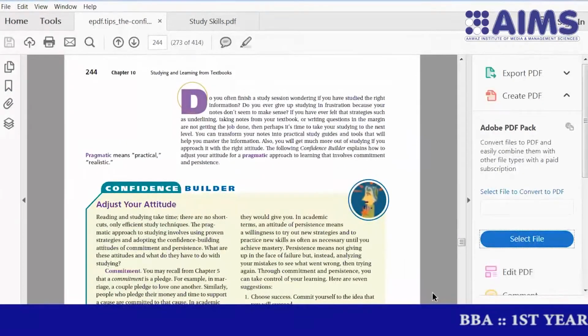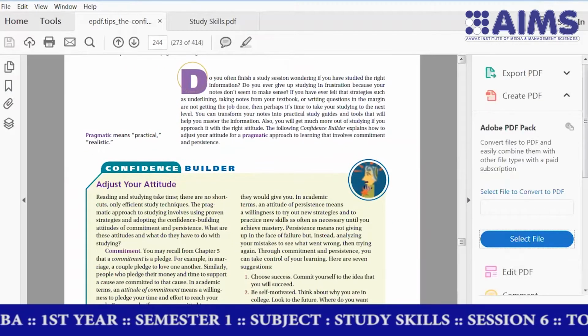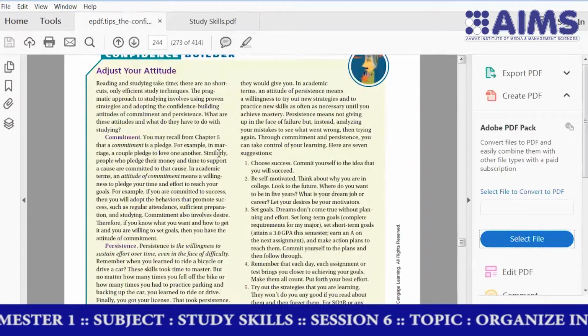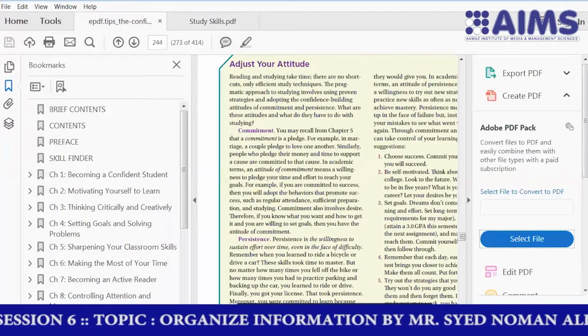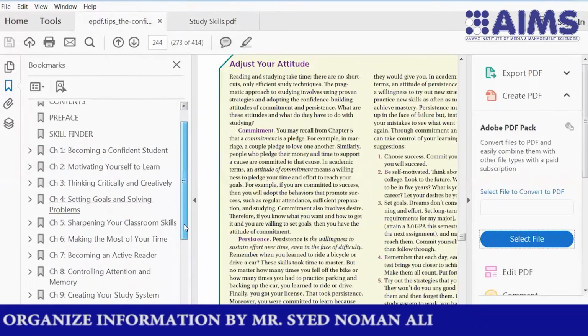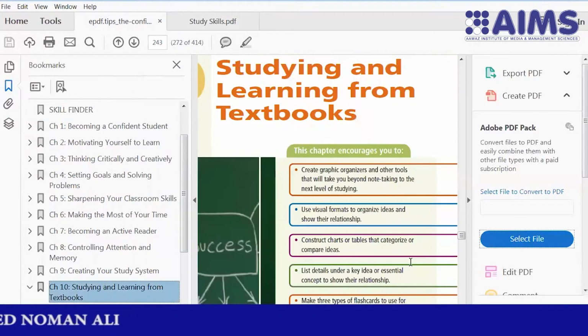I will tell you, use the pragmatic approach, which means the practical or the realistic one. Okay, we are going to chapter number 10.